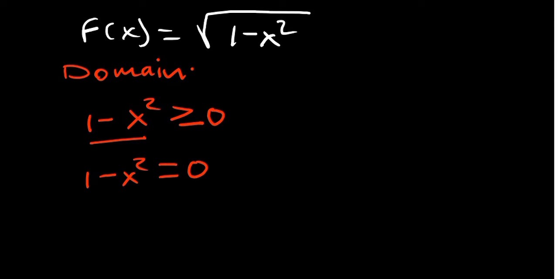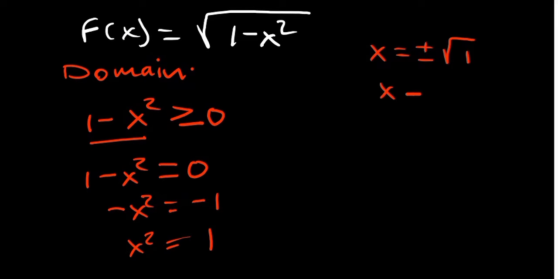Negative x squared is going to be equal to negative 1. Divide both sides by negative 1: x squared is equal to 1. So our value of x is going to be plus or minus the root of 1, which is positive or negative 1.